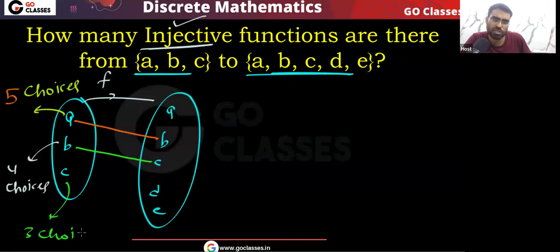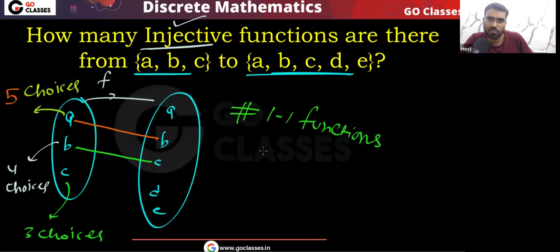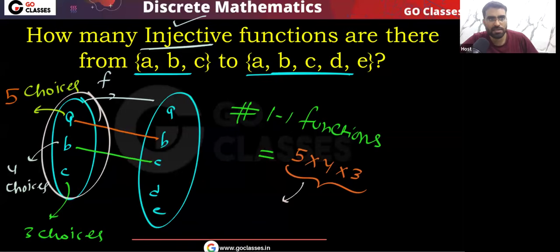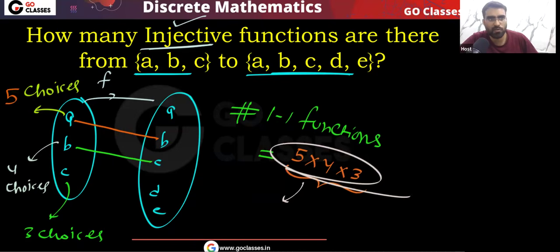There are only 3 choices for C. So the number of injective functions will be 5 multiplied by 4 multiplied by 3. This is going to be your answer. Understood? So how many terms are there here? That is the same as the number of elements in the domain. So anyway, this is your answer.